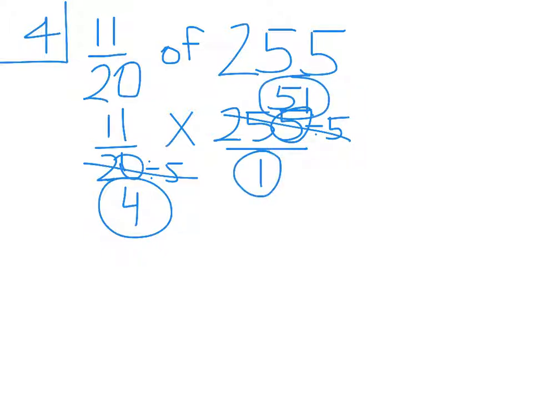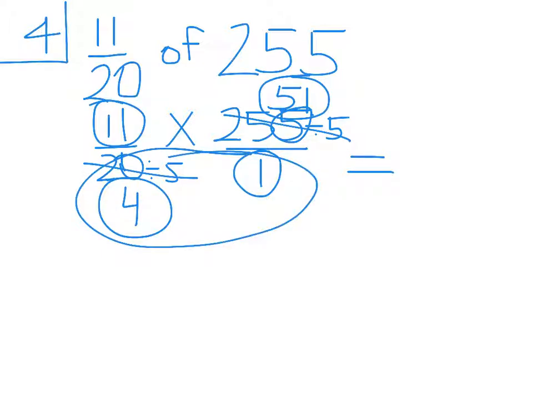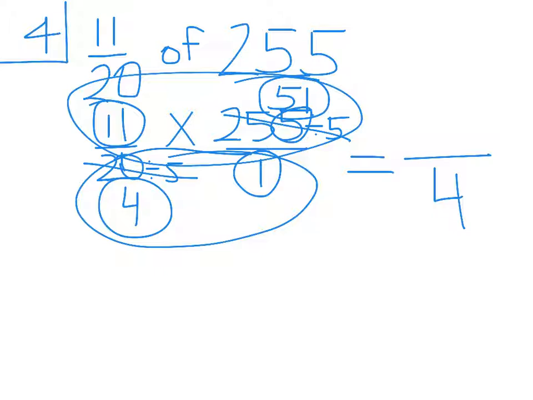The 11 and the 1 are not going to simplify, so that ends up being what we'll multiply. 11 times 51 up top, and 4 times 1 on the bottom. Obviously, the bottom number is a little bit easier. 51 times 11, and you should write that out on your own if you're not sure, which probably won't be. But go ahead and do that, and you would end up with 561.